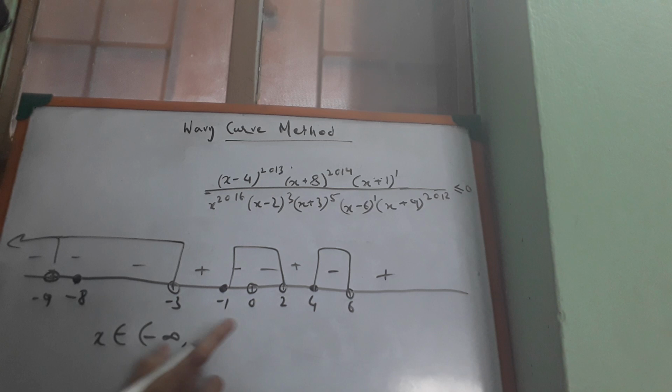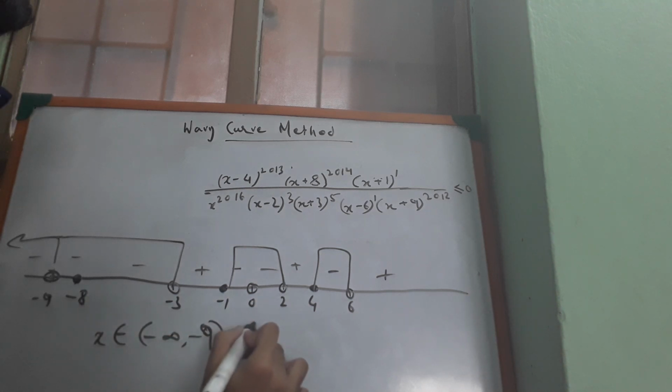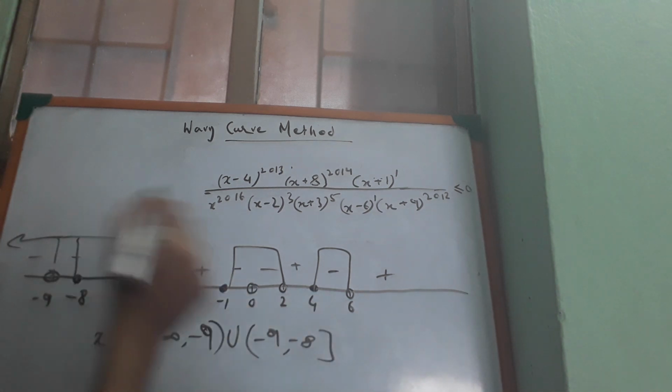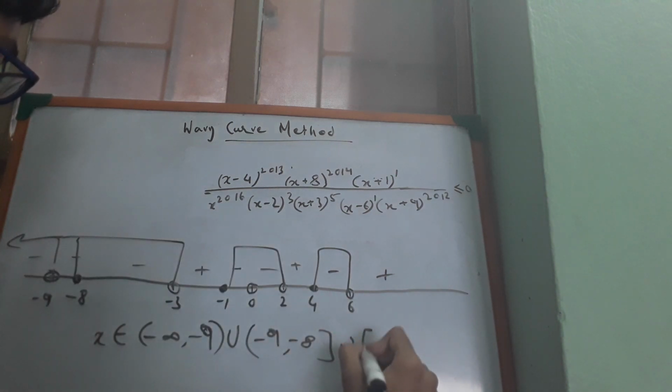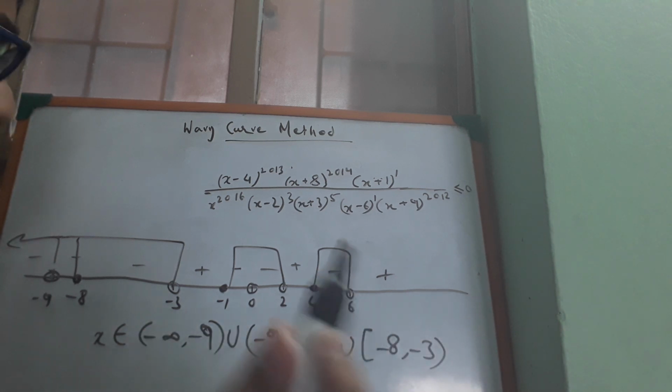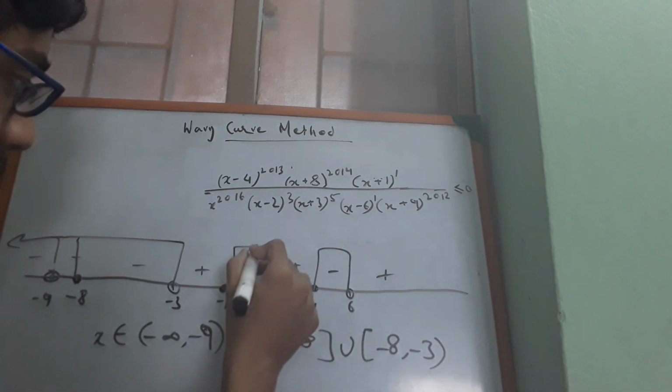So minus infinity to minus 9 not included, union minus 9 not included to minus 8 included, like you know the basic idea. Then union minus 8 included to minus 3 not included. I know it will be a big answer, but basically the process of solving is easy.